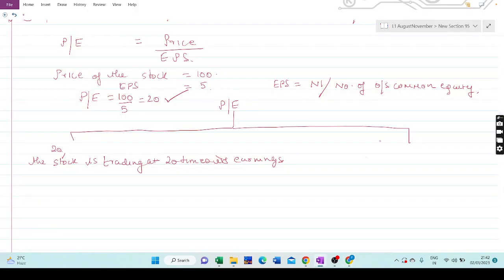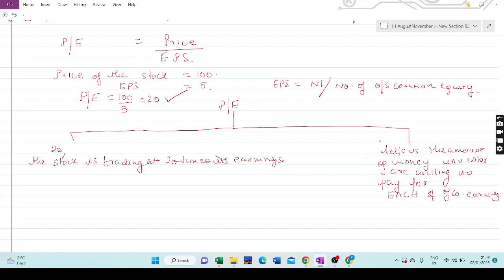The alternative interpretation is that the PE ratio tells us the amount of money investors are willing to pay for each dollar of company's earnings. So if the PE ratio of this stock is 20, that means an investor is willing to pay $20 to receive $1 of company earnings.